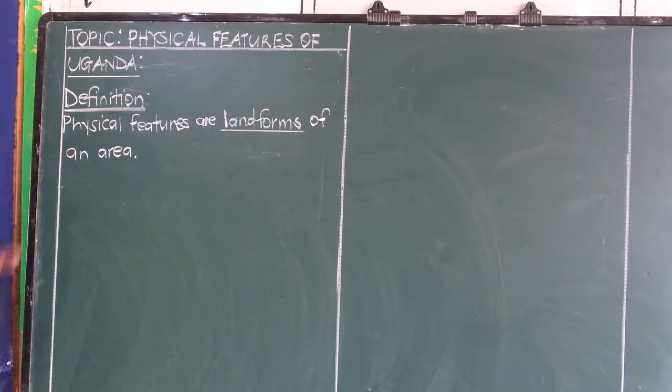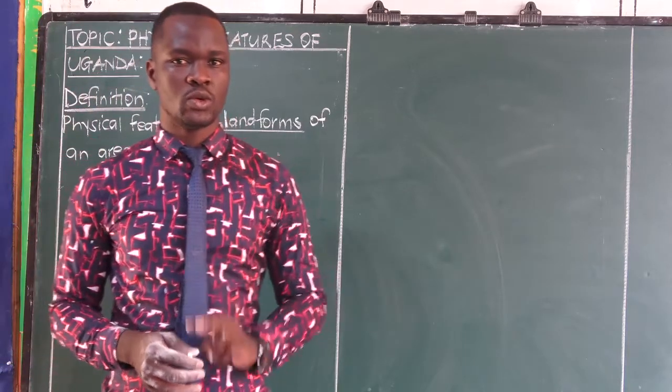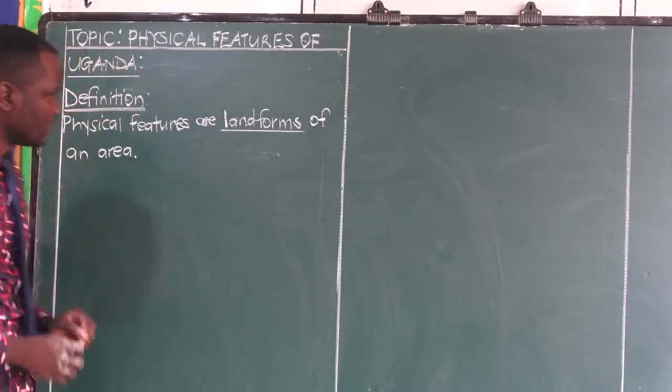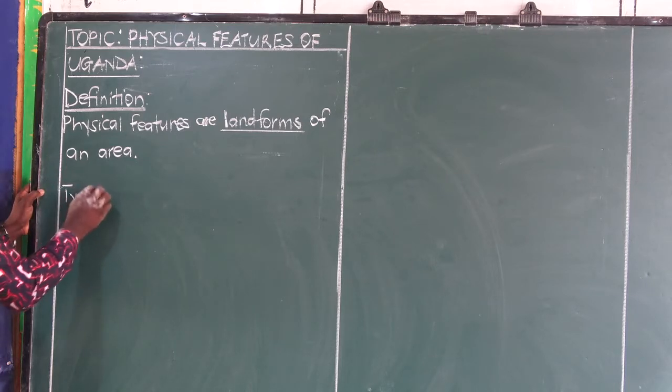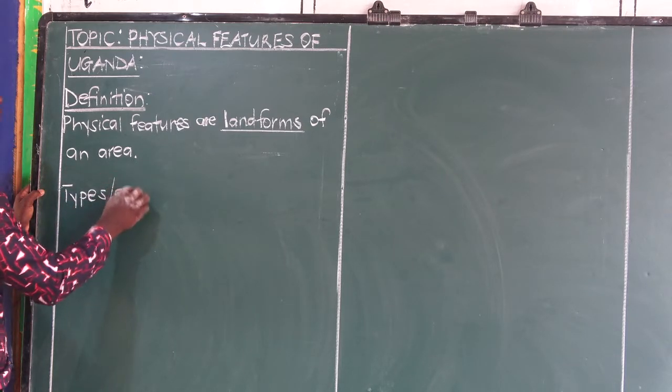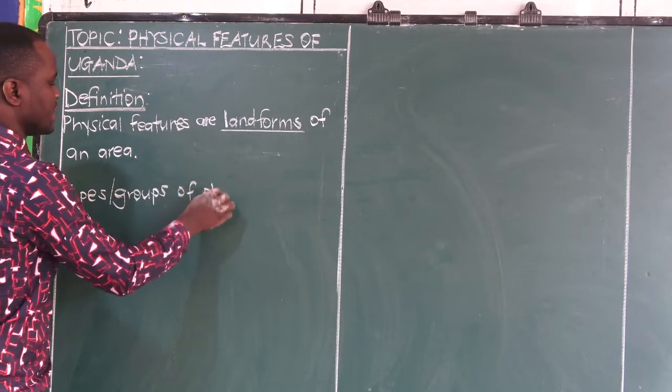Now, physical features are grouped into two. We are going to look at the two groups or types of physical features.